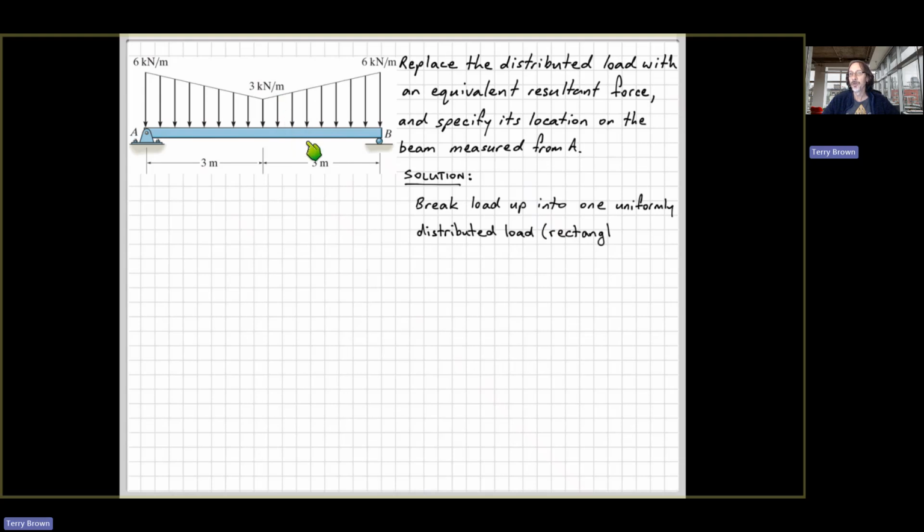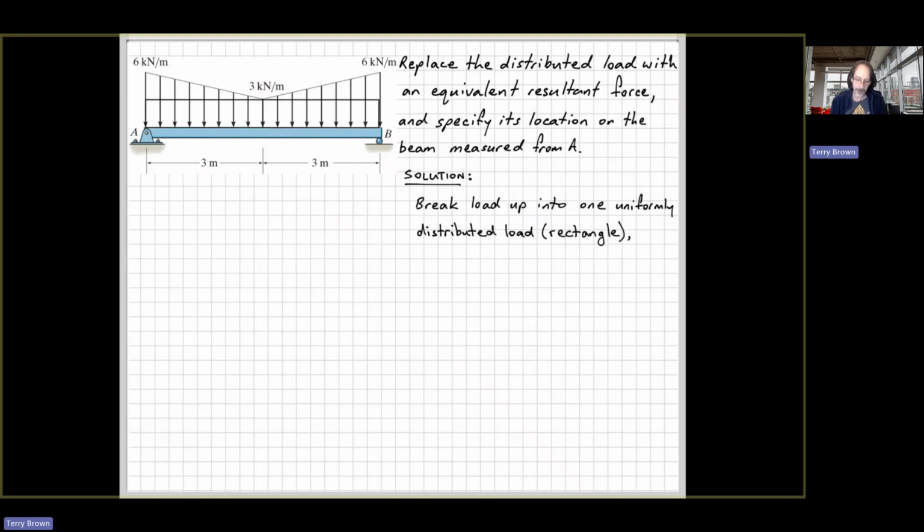We can break it up into one rectangle across the whole beam that represents a uniform loading, and then sitting on top of that will be two triangles. So let me just quickly draw what I'm talking about. I'm working on my iPad here, which is why I'm looking down.